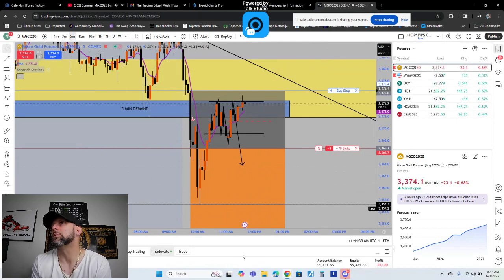Getting another rejection wick. The sellers just can't get enough power to push down. The bulls have control right now. So we got a hammer doji. Usually that's a bullish candle.